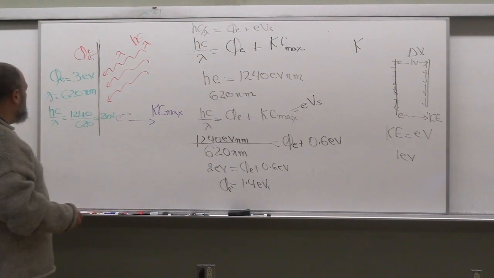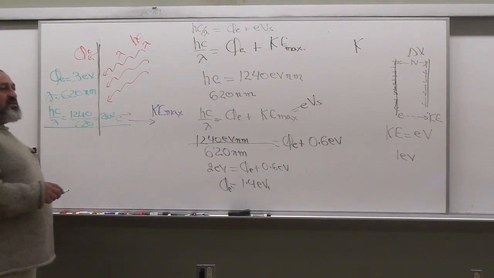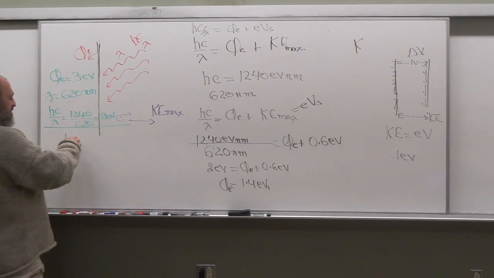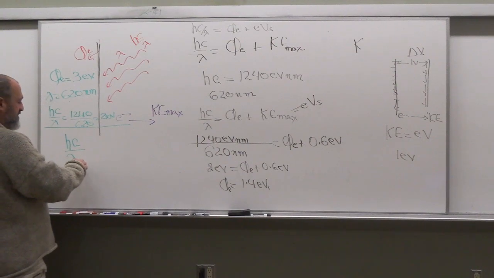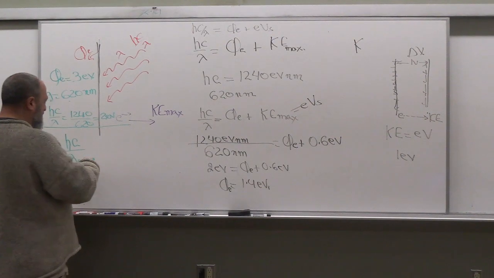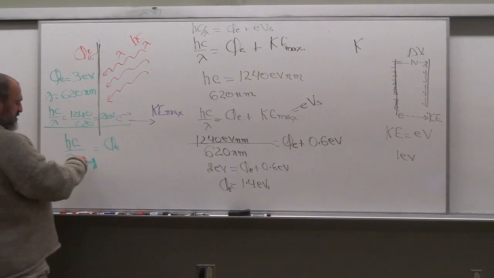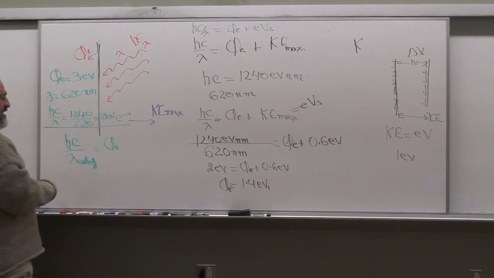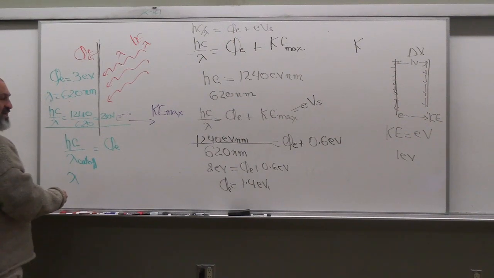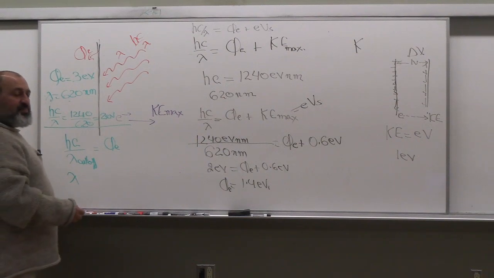Now, what wavelength do you need to get an electron out of a metal with a given work function? It's called the cutoff wavelength. How does that work? Well, hc over lambda cutoff is equal to phi electric. Anything bigger than the cutoff lambda is going to render you with less energy than you need to get the electron out.